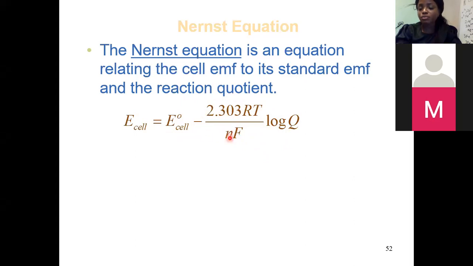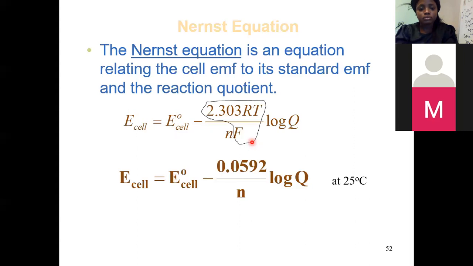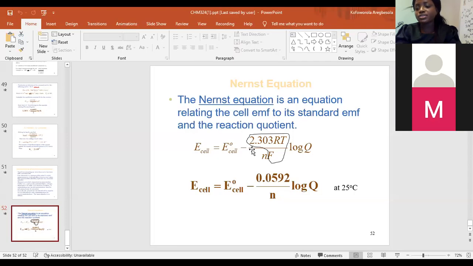So by the time we calculated this, what we had was 0.05915, which is 0.0592. So the correction factor is similar to the equation you have for your E naught cell, but it is E naught cell minus this. Okay, so that's your next equation.